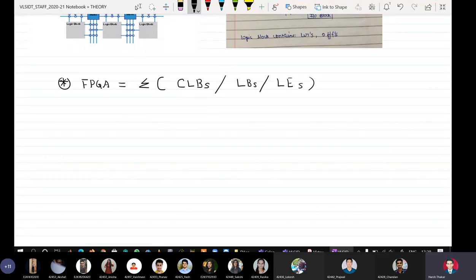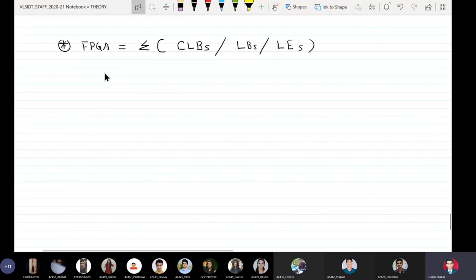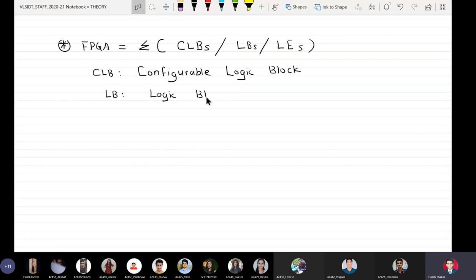Okay, so here CLB stands for configurable logic block.